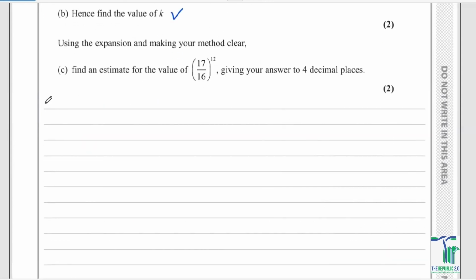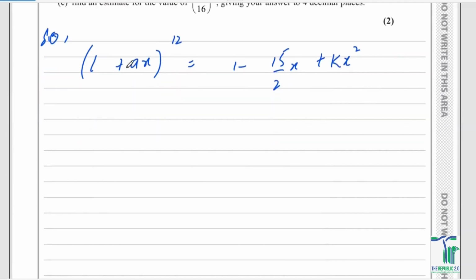So for the a part, I'm just going to keep 1 plus ax to the power of 12 equal to 1 minus 15 by 2 x plus kx squared, and I'm just going to simplify this. So 1 plus ax to the power of 12.